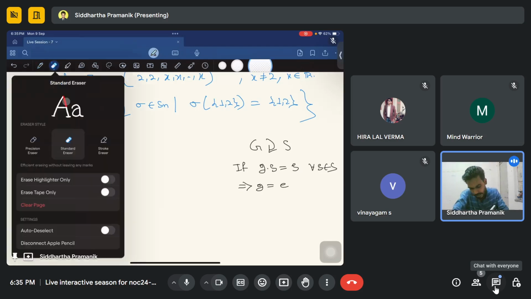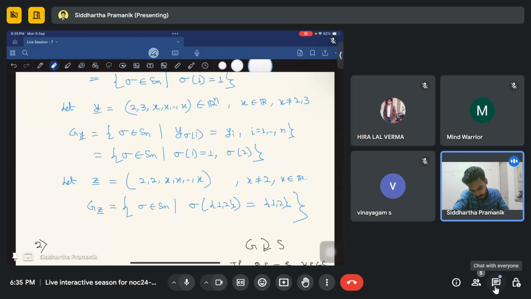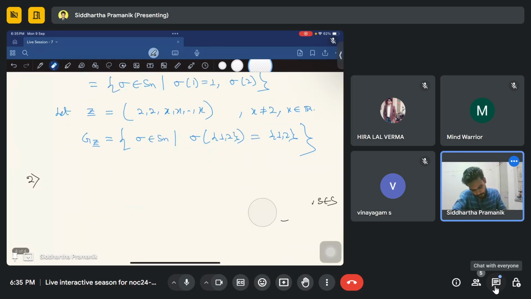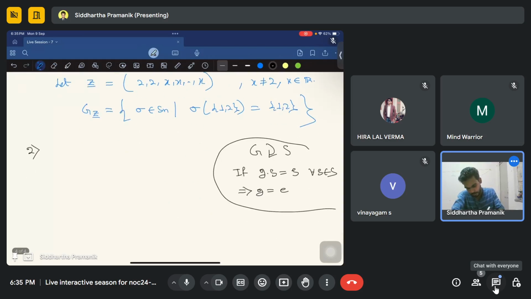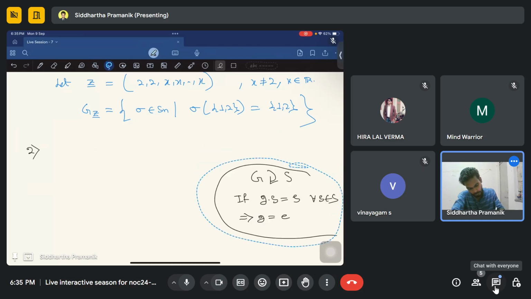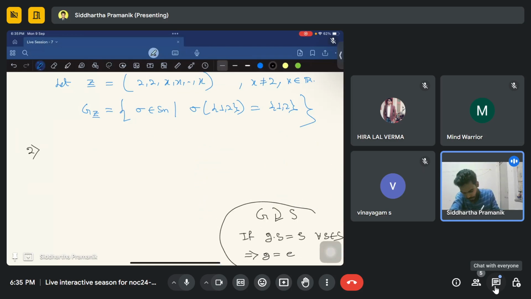So let's see some quick examples for this. Check whether the following group actions are faithful or not.